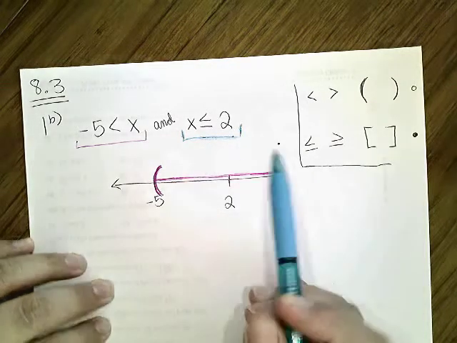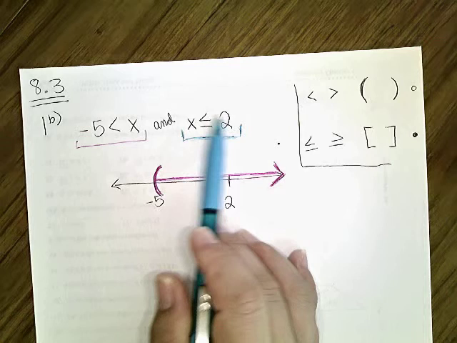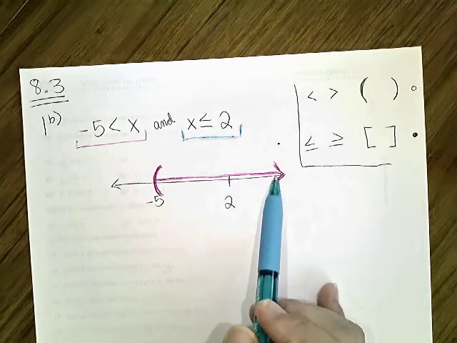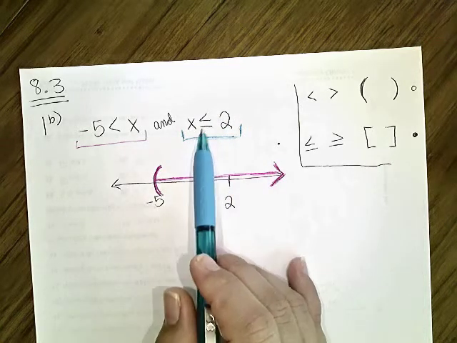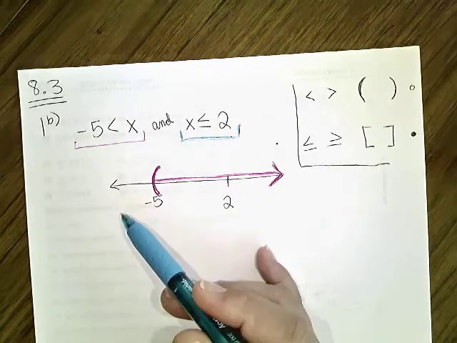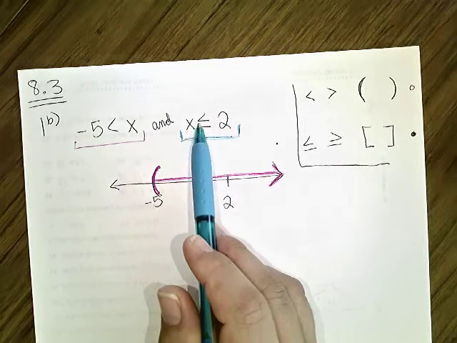So what values of x would satisfy this inequality? We know the boundary value is 2. Basically we're looking for above 2 or below 2, right? x is less than or equal to 2. So less than is below. We can also double check that by plugging in some numbers. Maybe 0. 0 is less than or equal to 2.